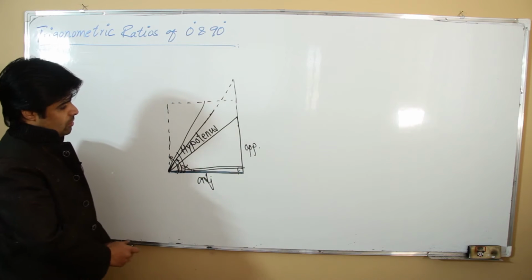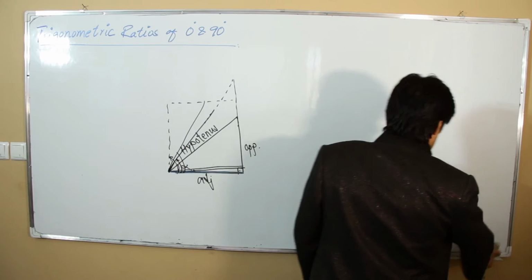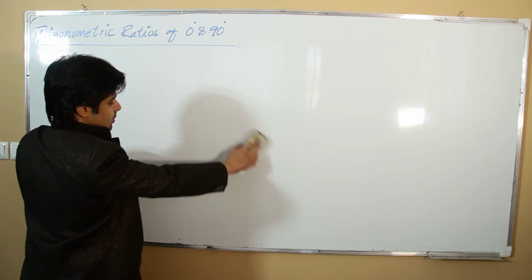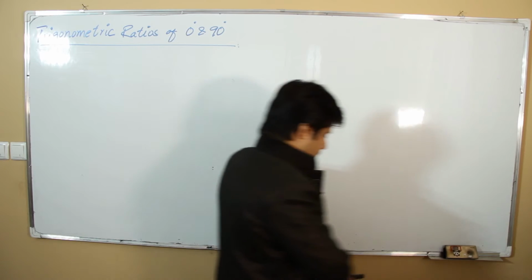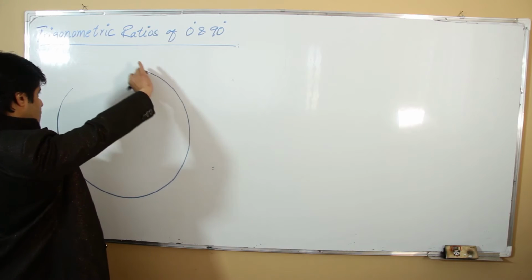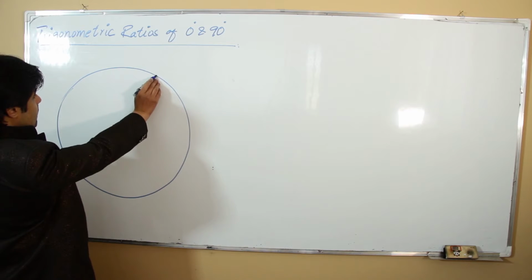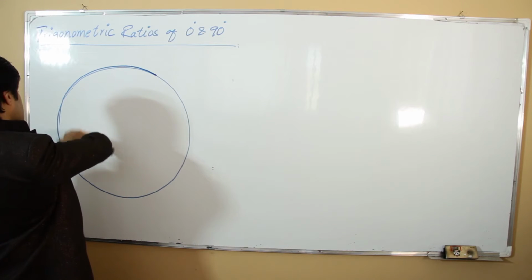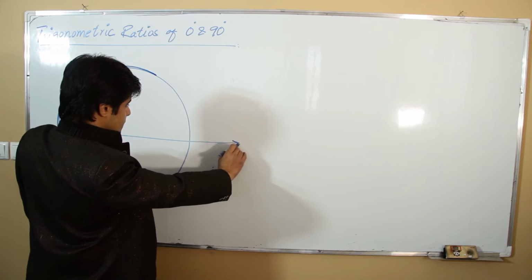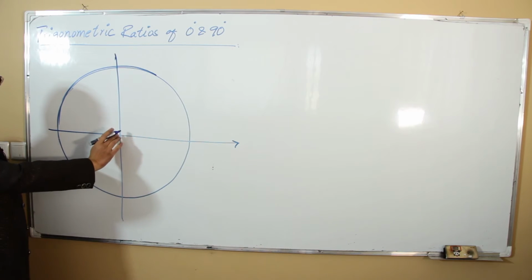For this result, you are not able to define it in a right triangle, since you have to define a triangle in a trigonometric circle. What do I mean? Suppose this one is, what? Trigonometric circle. Now, this is x-axis and this one is y-axis.